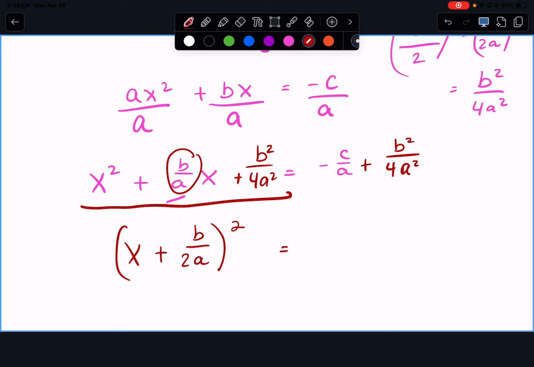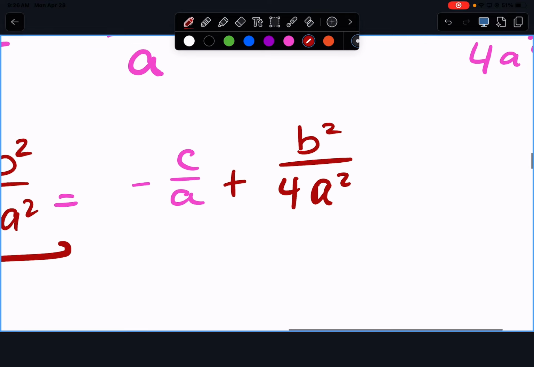squared equals. Now, to be able to add two fractions, they have to have common what? I need to multiply this one by something to make it equal 4a squared. What can I multiply a by to get it to 4a squared? 4. Do I need a squared? No, just a.